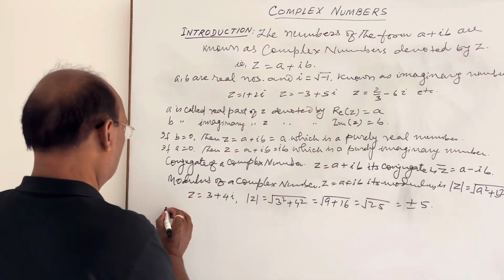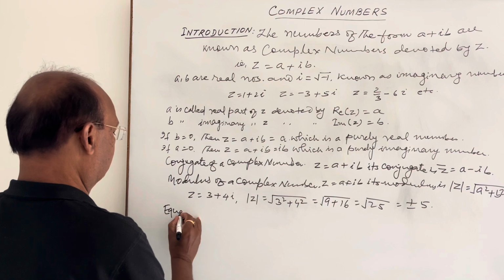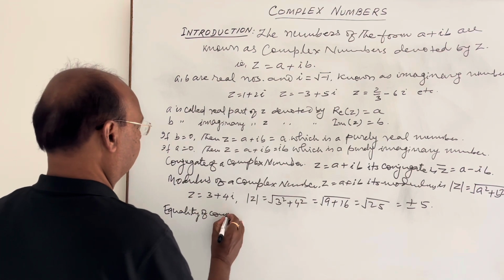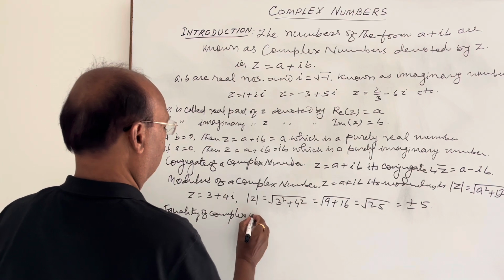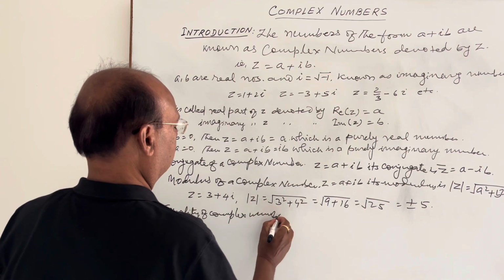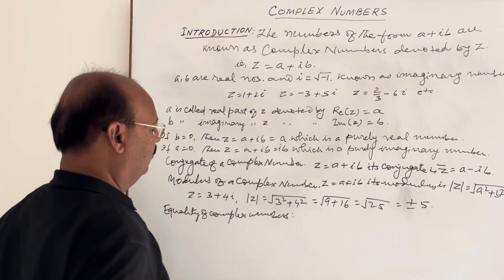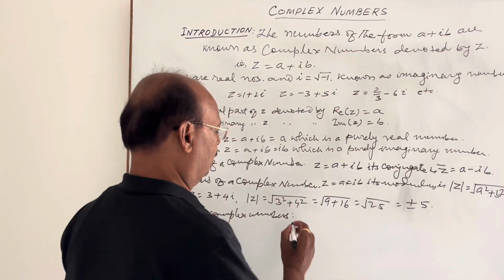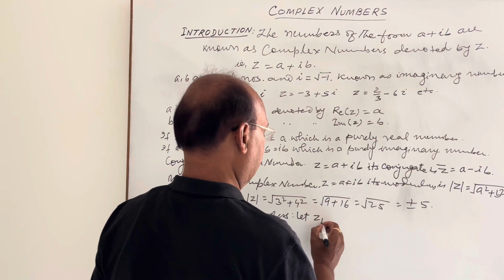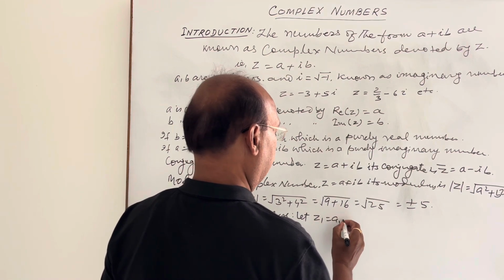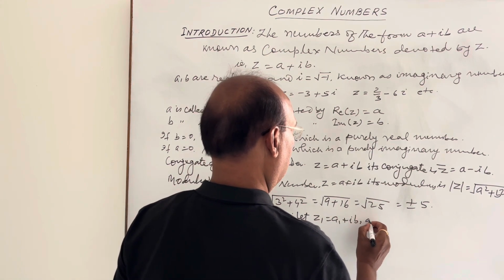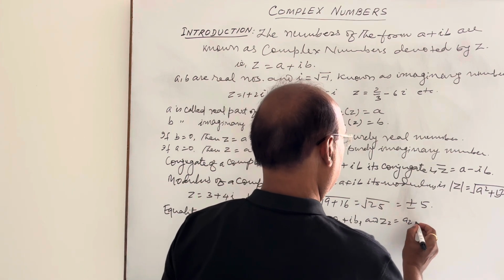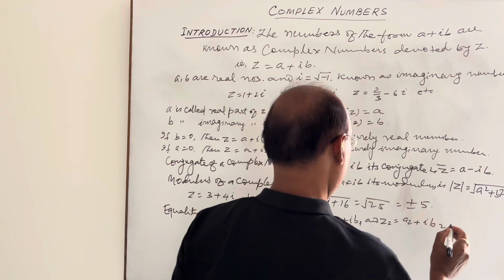Now let us see equality of complex numbers. When are two complex numbers said to be equal? Let z1 be one complex number, which is a1 plus ib1, and z2 be another complex number, a2 plus ib2.